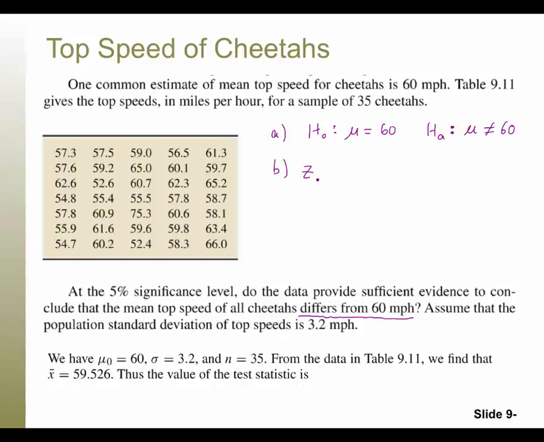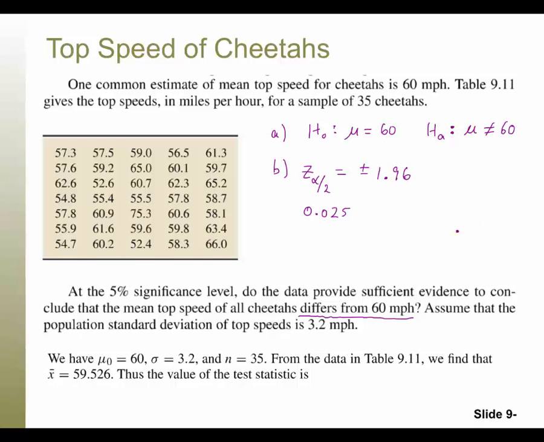Okay, so then our z. Let's do z alpha. For two-tailed, it would be z alpha over 2. So you should have looked at 0.025. And is that plus or minus 1.96? Yes.